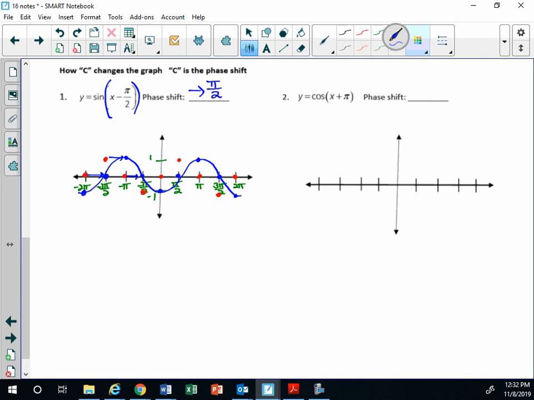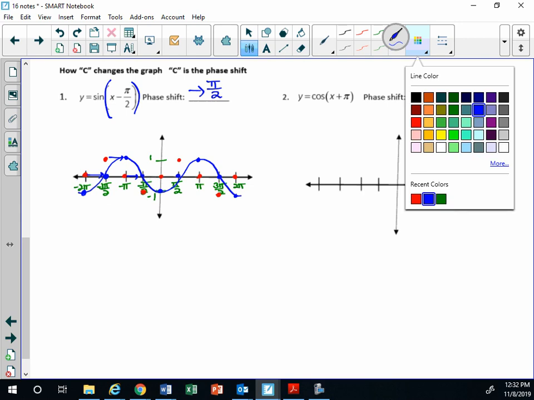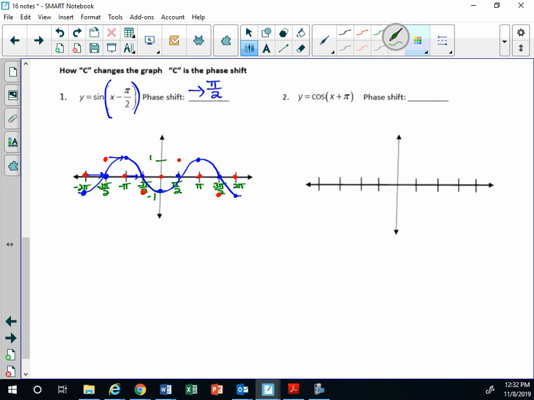You guys want to try two? No, not ready yet? Okay, we'll do it together. Start by labeling.